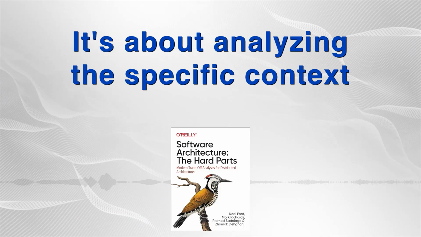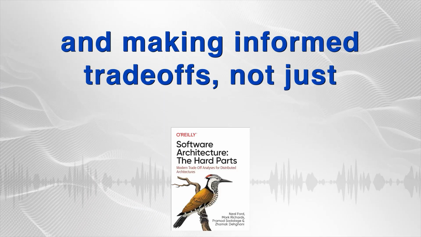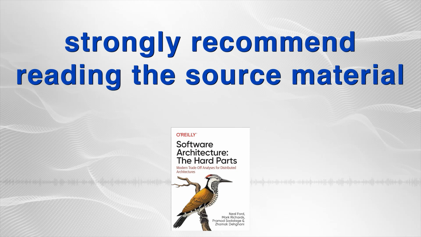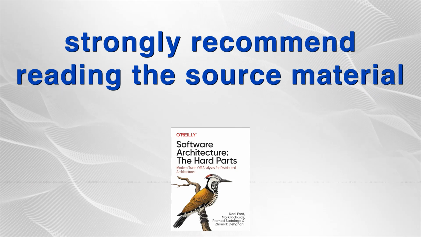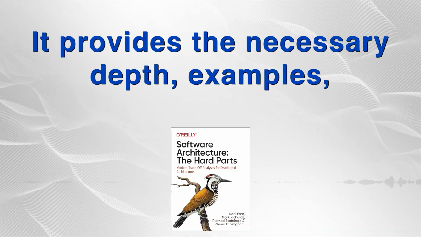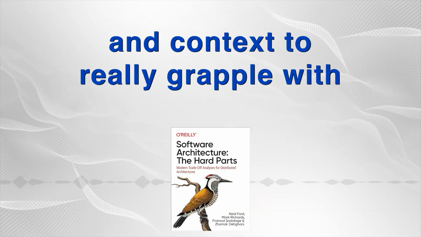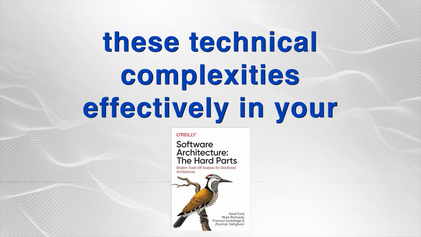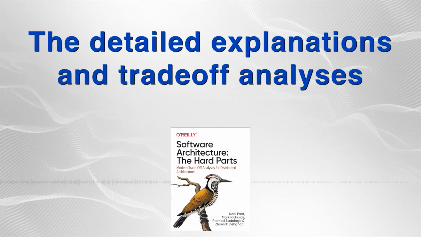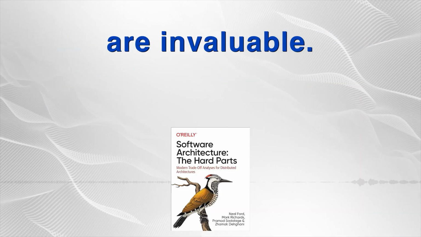It's about analyzing the specific context and making informed trade-offs, not just applying rules blindly. For anyone facing these challenges, we strongly recommend reading the source material itself, Software Architecture: The Hard Parts. It provides the necessary depth, examples, and context to really grapple with these technical complexities effectively in your own projects. The detailed explanations and trade-off analyses are invaluable.